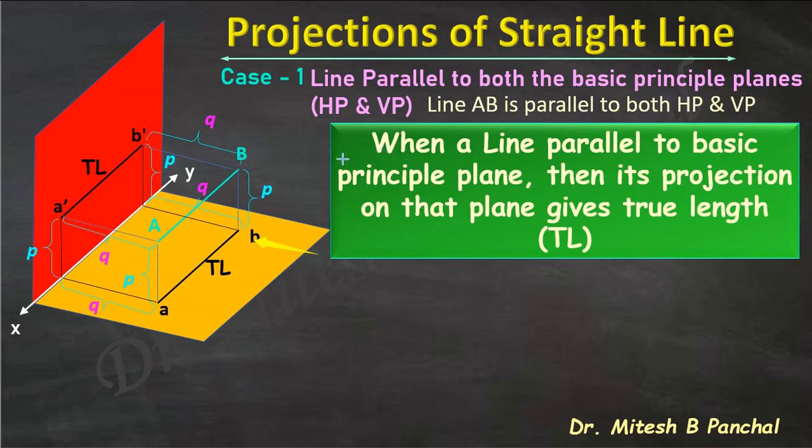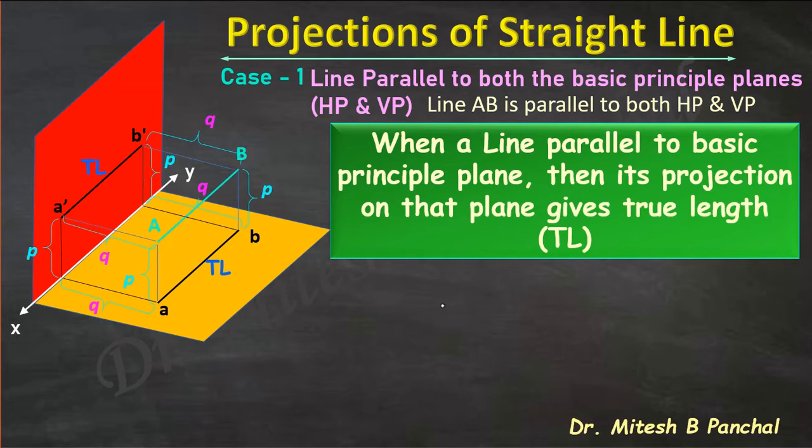So I am repeating this point: when a line is parallel to a basic principal plane, here the line is parallel to VP, then its projection on that plane gives true length, meaning its projection on VP gives true length. This is another important point we have considered over here. So here both the projections you will get as true length.